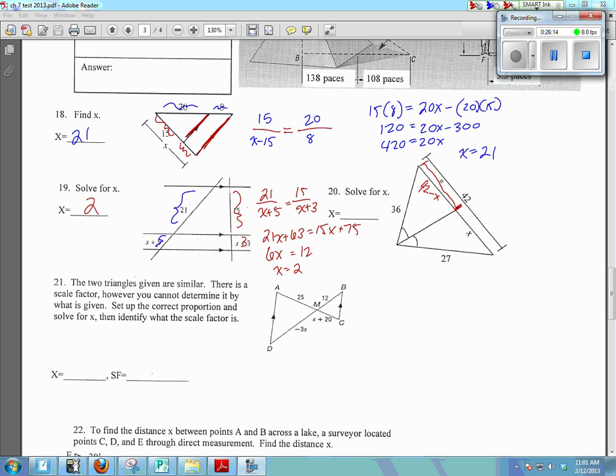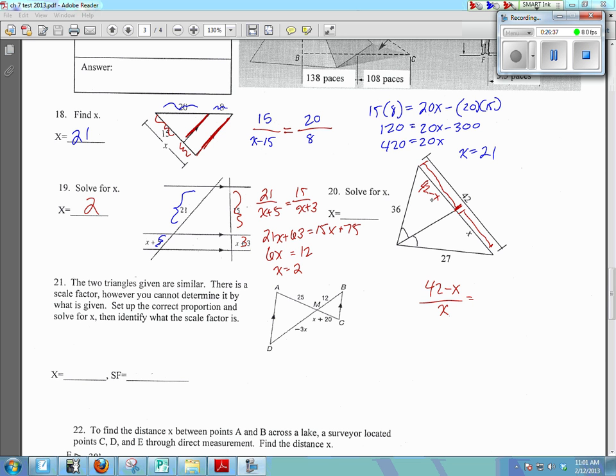So what I want to say is that that side, 42 minus x, compared to x, which is this part, okay, the theorem said that the angle bisector divides the opposite side proportional to the other sides of the triangle.